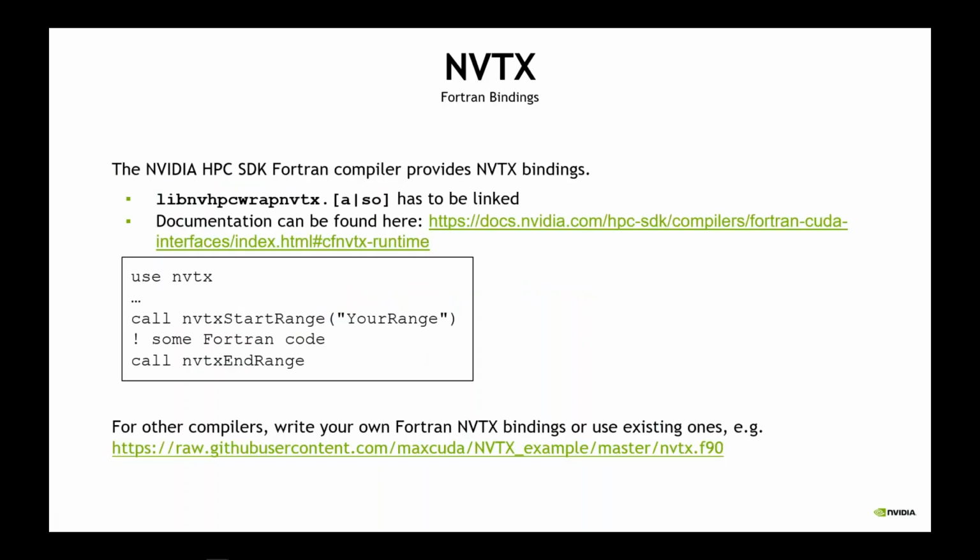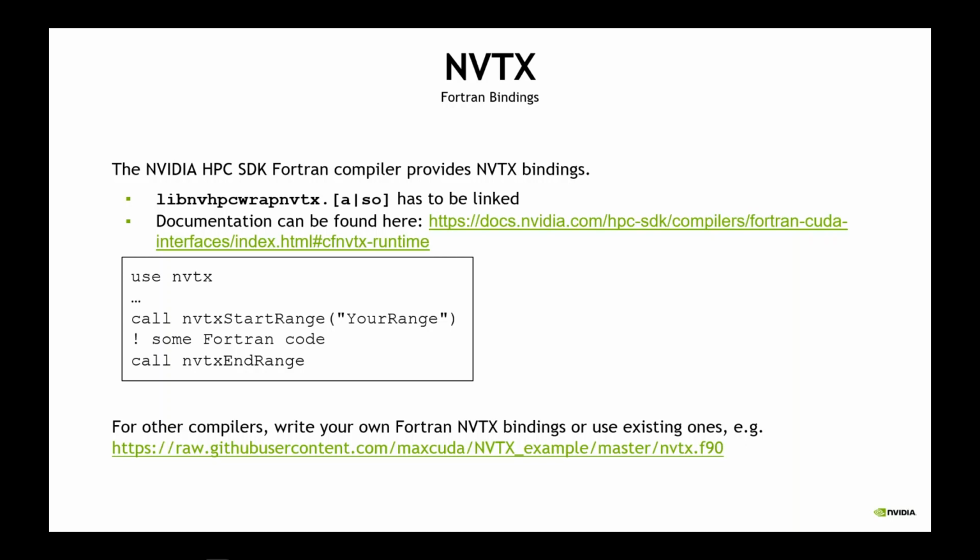I'm now in the pretty lucky position to tell you that the NVIDIA HPC SDK Fortran compiler provides NVTX Fortran bindings. This is a quite recent addition, and it does not cover everything yet, but it is straightforward to use. You just need to link the libnvhpcwrapnvtx library.